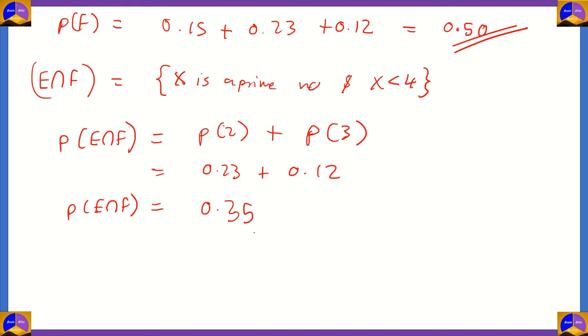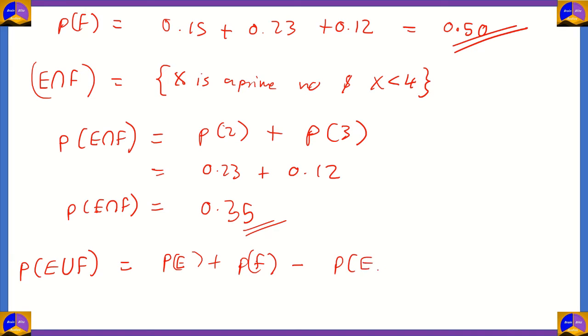So now that we know P of E, P of F, and P of E intersection F, we can easily find out P of E union F. So P of E union F can be represented as P of E plus P of F minus P of E intersection F. So union means every element in E as well as F. So we can eliminate the overlapping elements because they occur twice when we do P of E plus P of F. So that's why this formula comes to life.